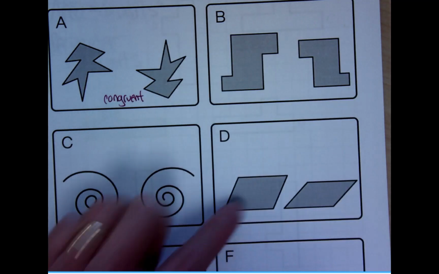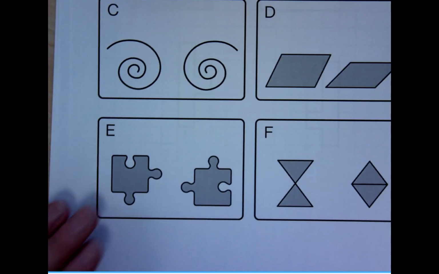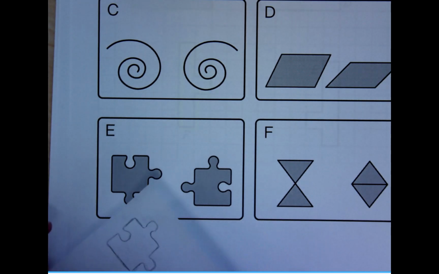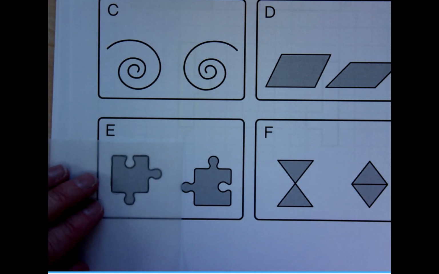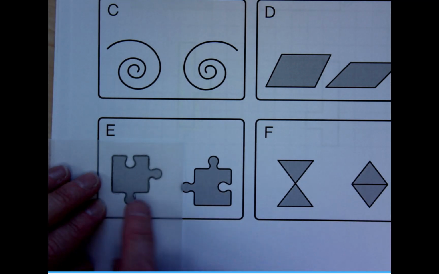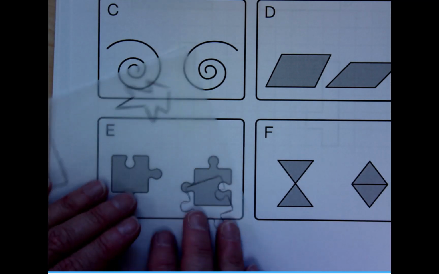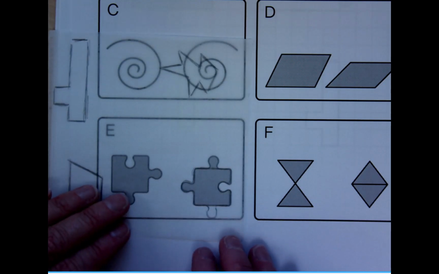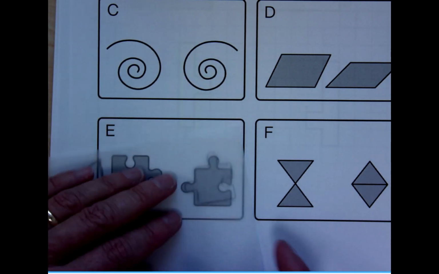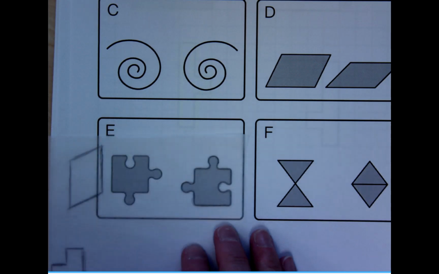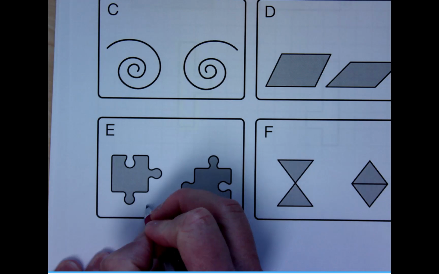So sometimes you can just tell, but if the figure is a little weird, like with a puzzle piece, where you have to look at the innies and outies there, and you're not sure if it'll line up with this one, draw it on patty paper. See if you can move it so that it fits over the other one. Yep, I had to flip it over, but I could make it happen. So these are congruent.